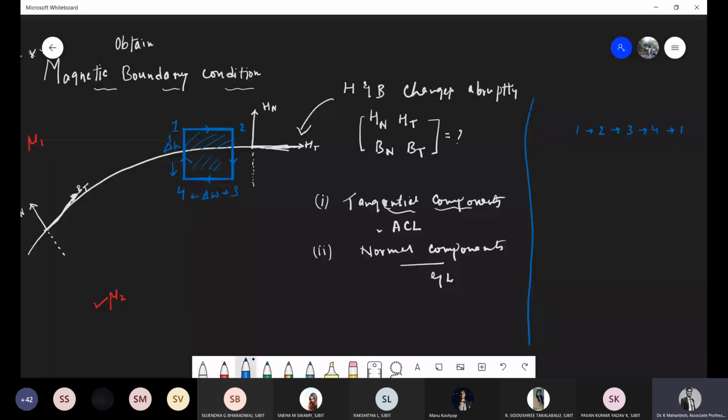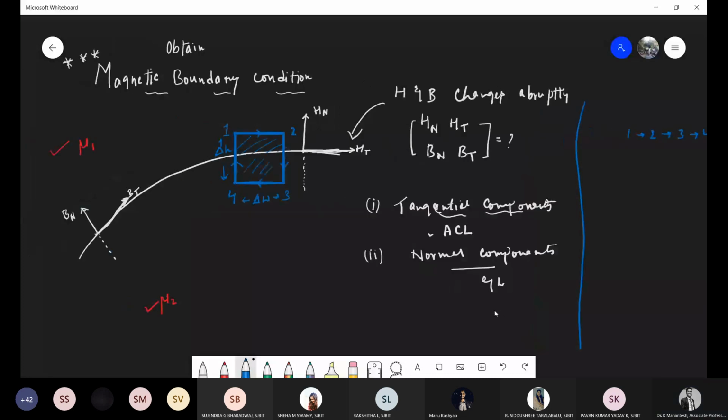Make a note of this figure because I'm going to go to the next slide, and I'll come back to this figure again. I'll draw a cylindrical Gaussian surface on the same figure to extract normal components. Now I am extracting tangential components by applying Ampere's circuital law, and next I'm left with Gauss law to find the normal component.